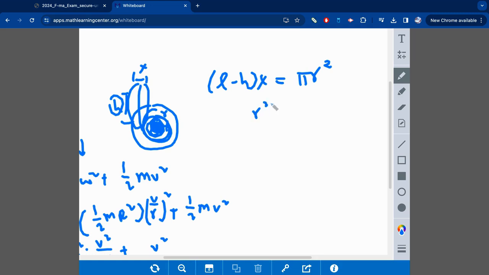So r squared in terms of these quantities is L minus h times x over pi.